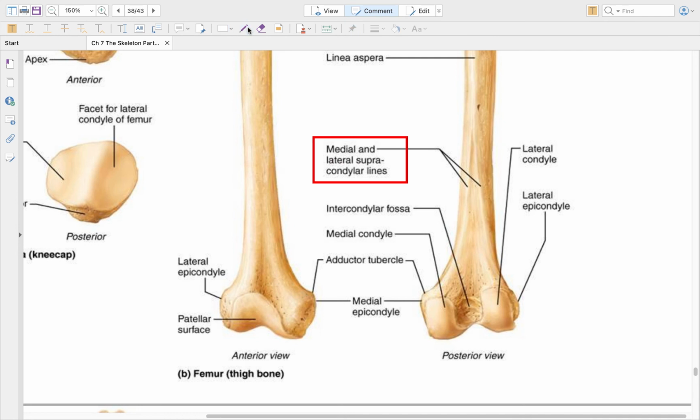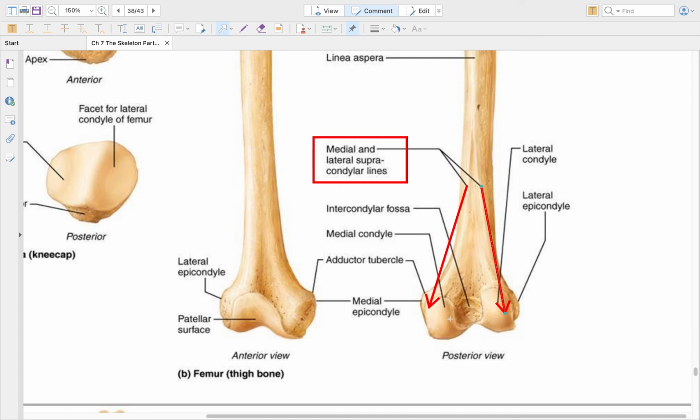That just simply means that we see these lines because they're going to eventually connect to these condyles or epicondyles. Okay, and indeed, they do turn into the medial epicondyle of the femur and the lateral epicondyle of the femur.